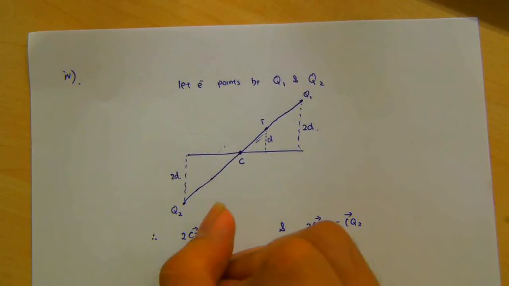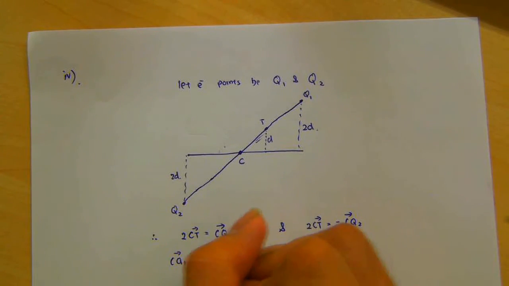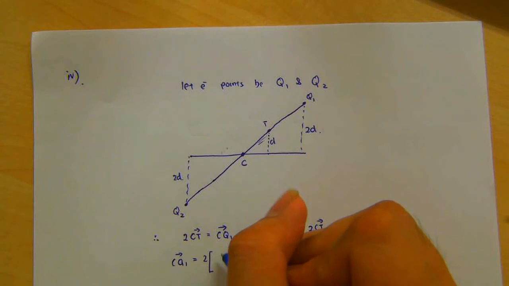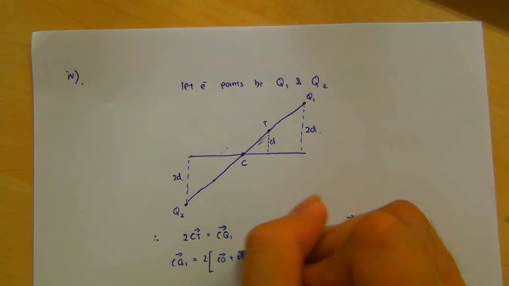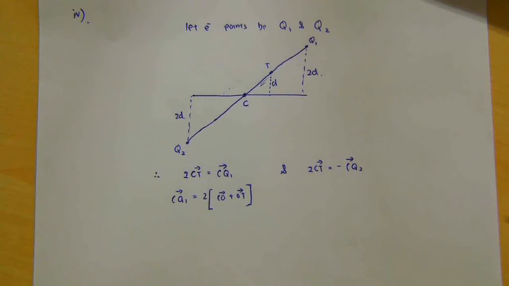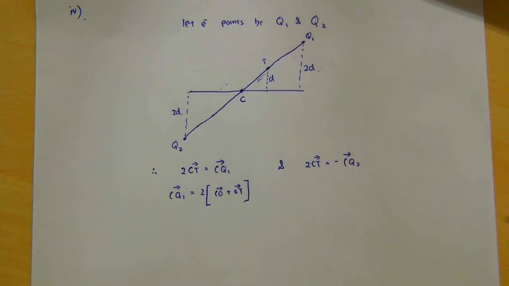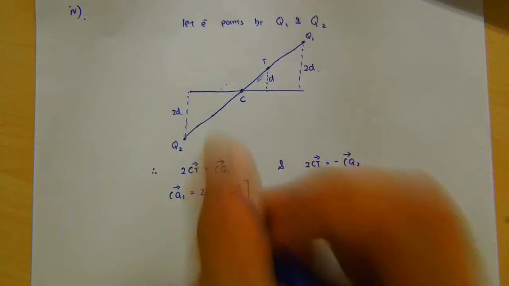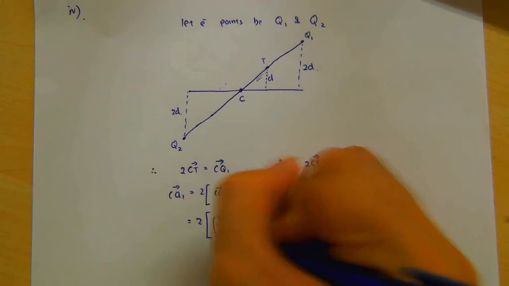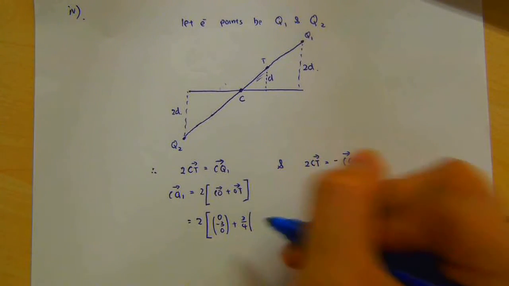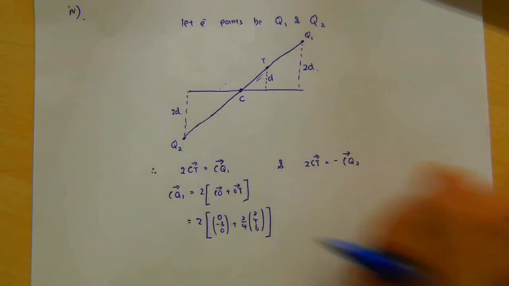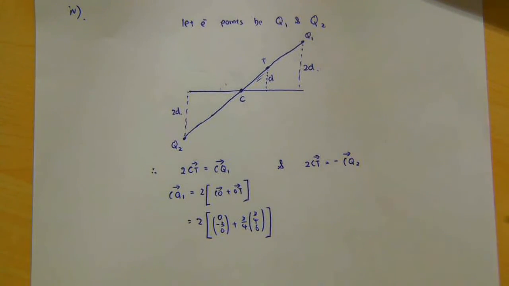So using these two relationships, we can solve for our Q. Put in the values of C and T respectively on the right hand side.